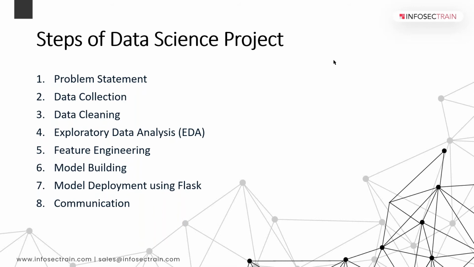Because first we have a problem statement, we solve the problem, and we build the model with accuracy around 90%, let's say. Now we are deploying this model on the web, and all the people can use our model to solve the same kind of problem, like the prediction of disease.